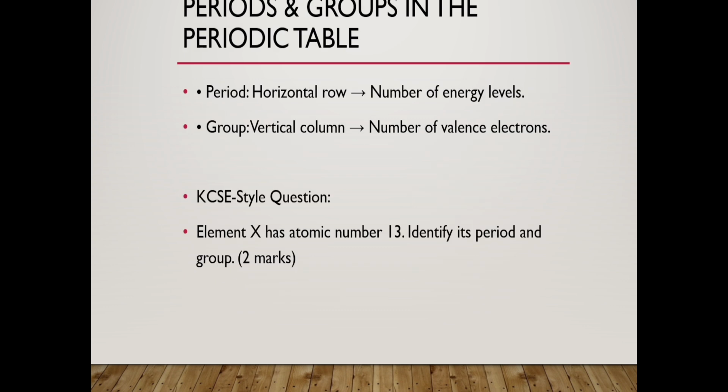Now we have periods and groups. I might just draw it for you to look at. So this is usually a period. It's just a diagrammatic representation, but it's not the exact thing.